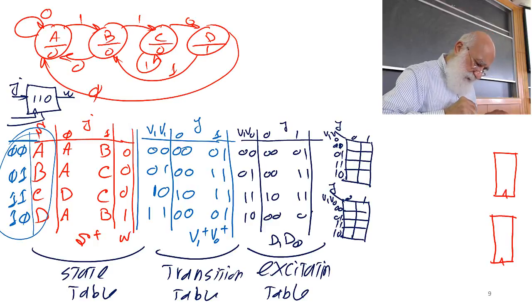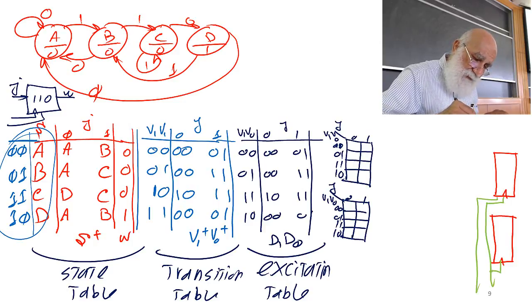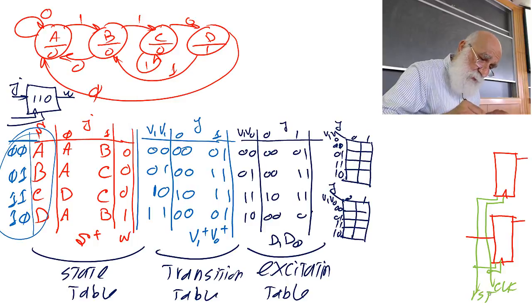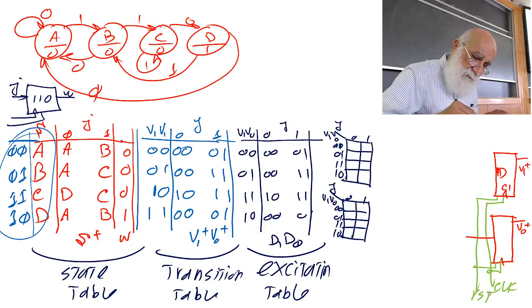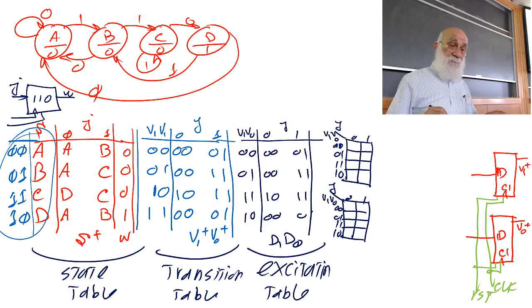And I've already decided that my two flip-flops have a common clock and a common reset. One flip-flop is called V1, one is called V0. These are the pluses. These are C1, 1D, C1, 1D, my two inputs.